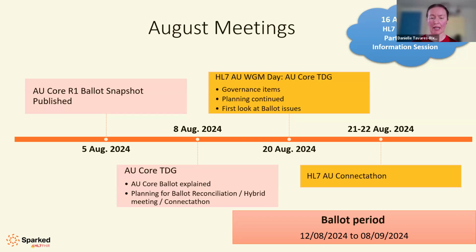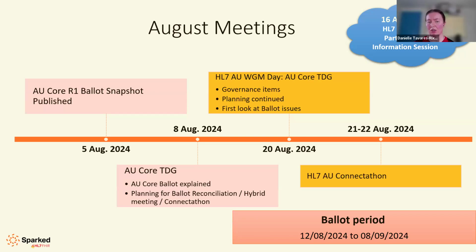Our next meeting after that is our hybrid meeting, on the 20th, where we have the work group meeting day for AU Core. Again, I'll stress that's hybrid, so it will be a mix of virtual through a Teams link, and we'll send out those invites shortly, and also people in person in the room.